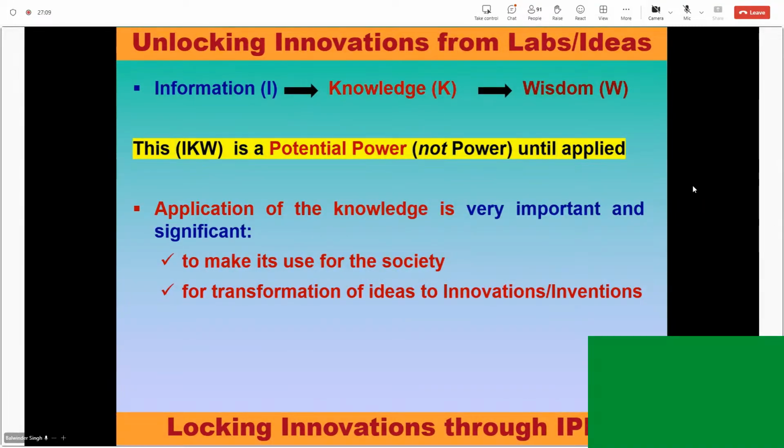Earlier it was said that knowledge is power, but now people have changed their views. They say knowledge is only potential power, not power until it is applied.